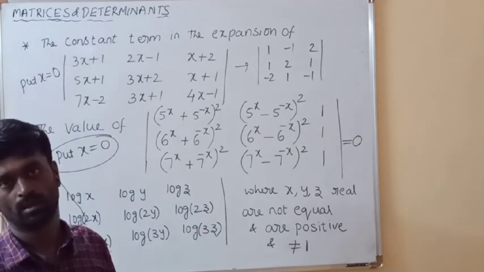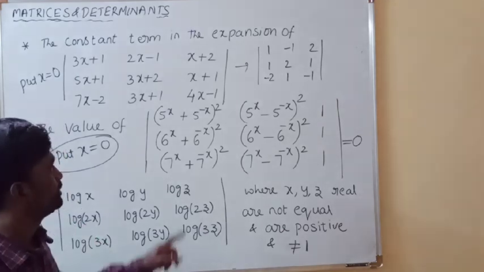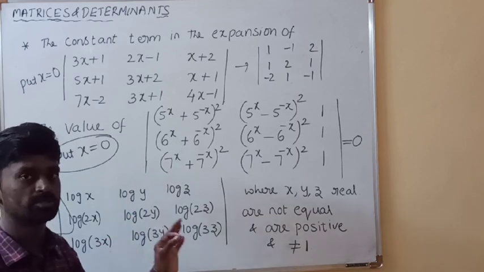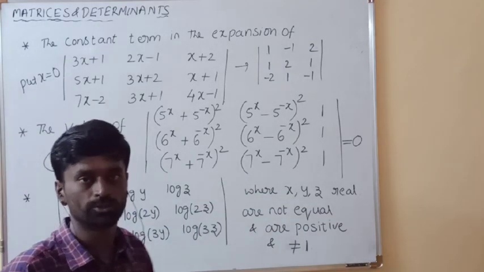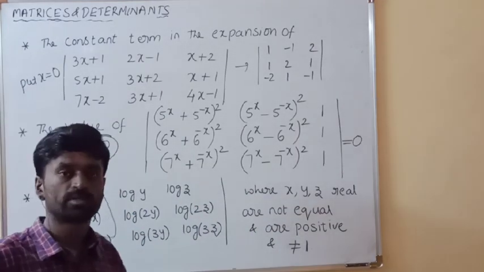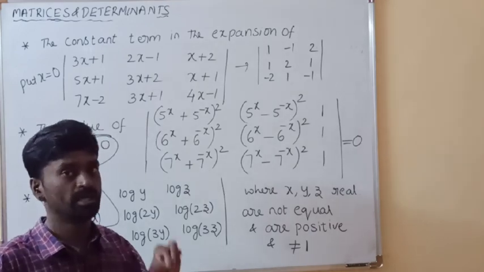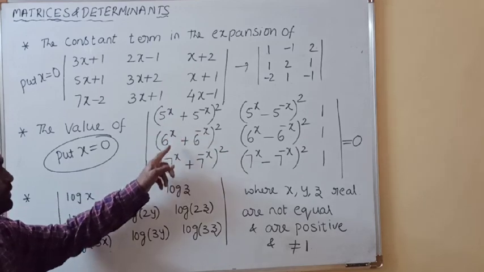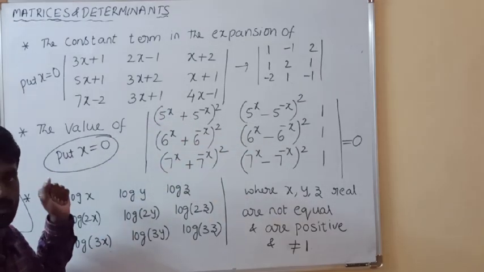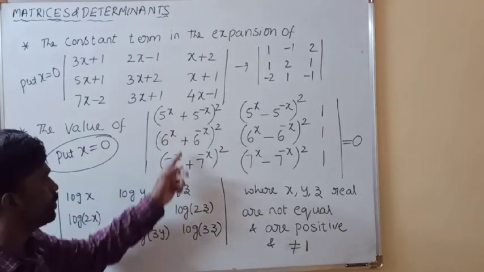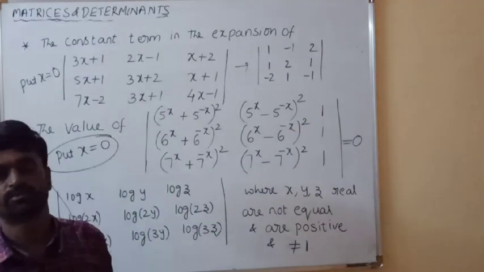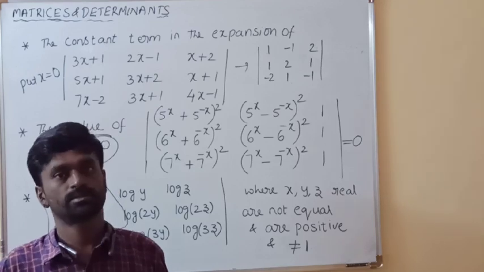If you apply that operation, the first column elements become 4, 4, 4. If you take 4 common, the first column elements are 1, 1, 1. Third column elements are also 1, 1, 1. So C1, C3 are identical. Hence the value of the determinant is 0.